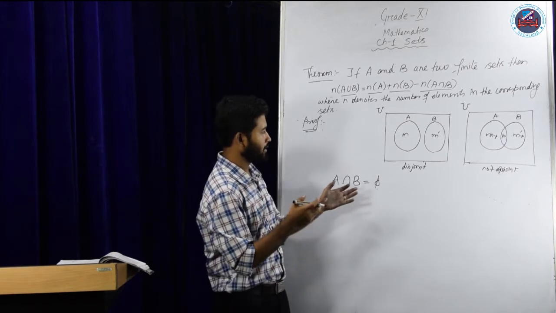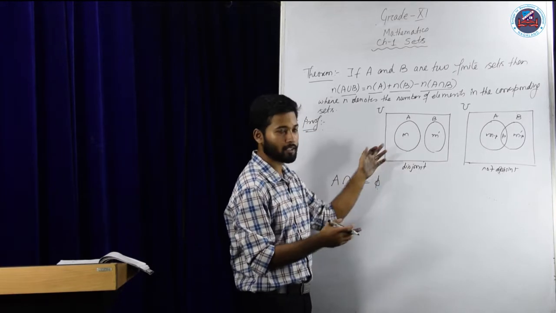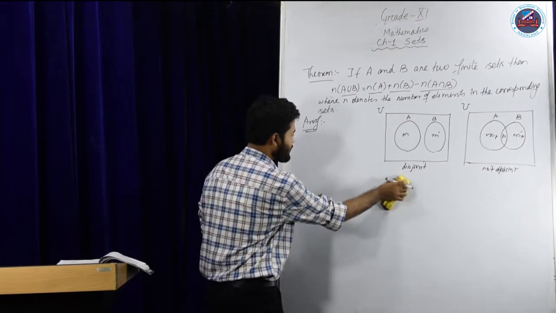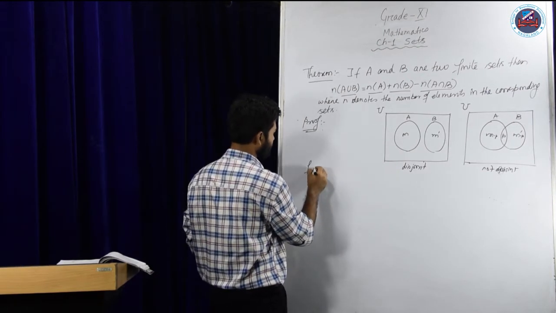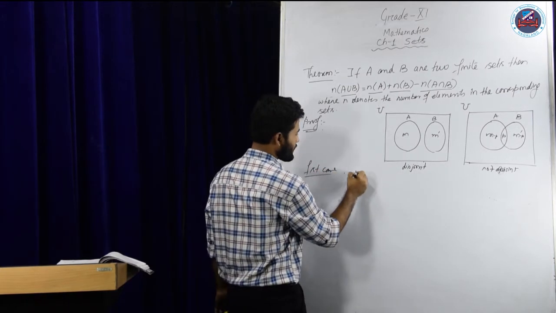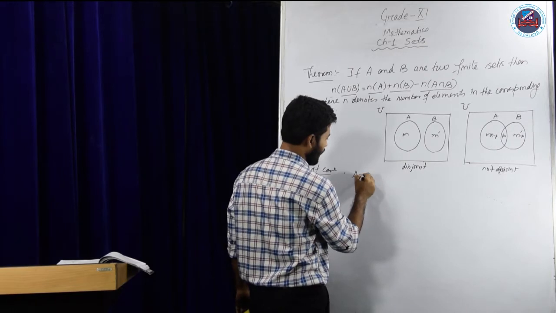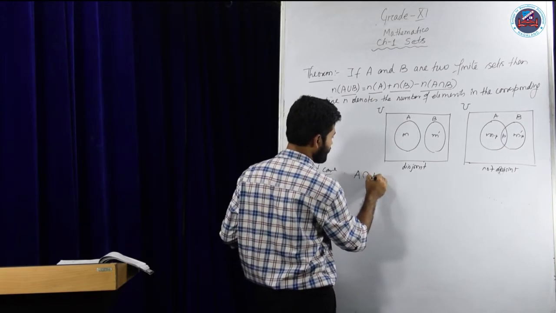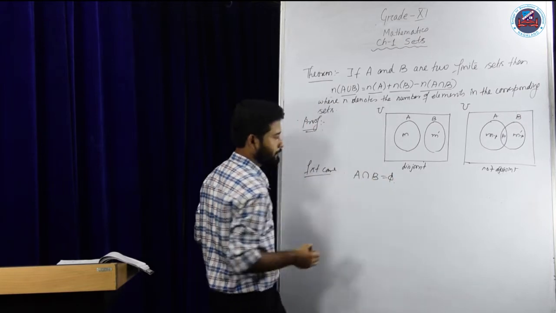That means there does not exist any element which is common to both. Clear? So in the first case, here we can see that both the sets A and B are disjoint. That is, A intersection B is equal to phi.